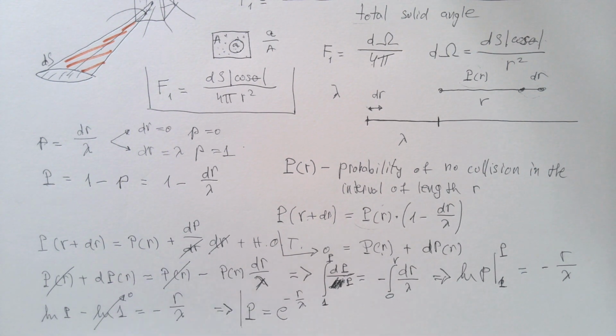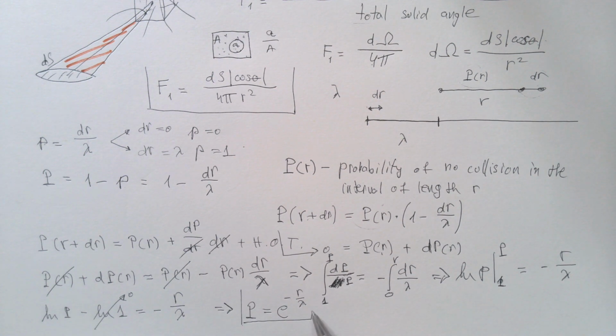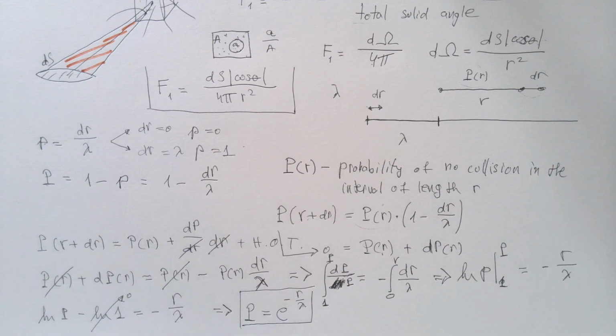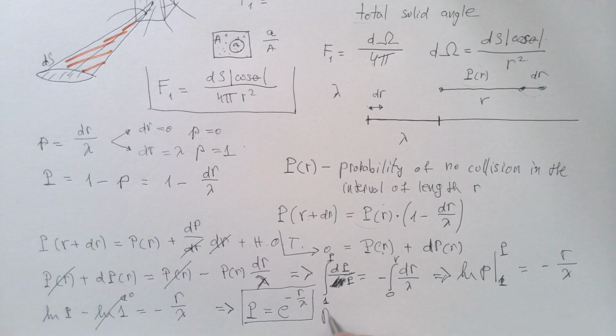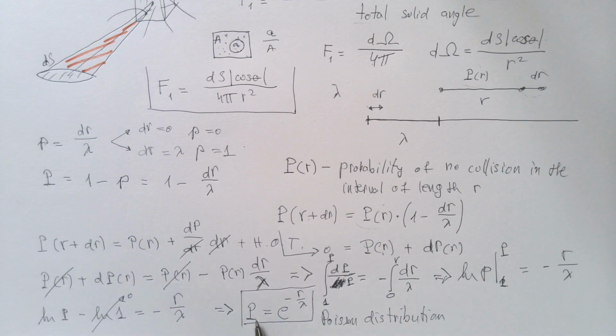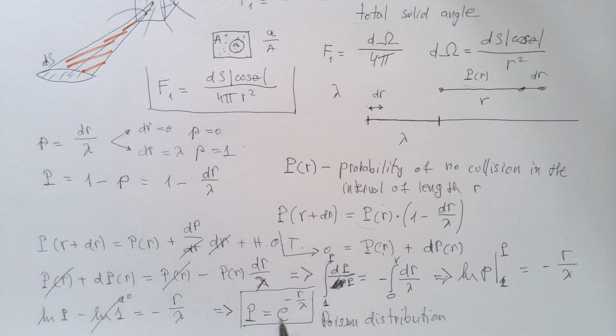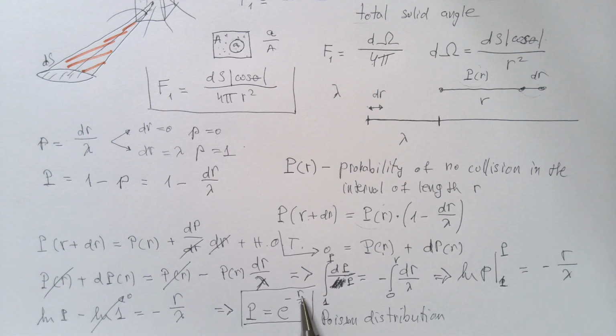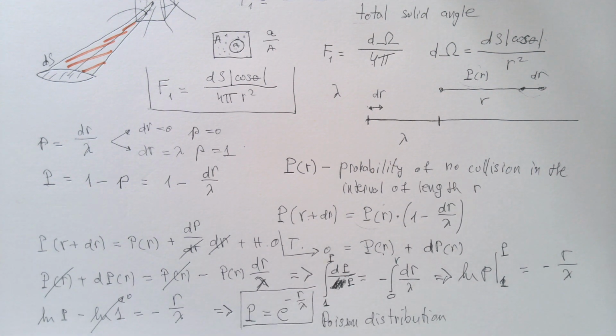And for those of you that love statistics, you will recognize that this is an exponential distribution. So we can see that the probability of no collision along a distance r decays exponentially, which means as r is increasing, the probability of no collision is decreasing.